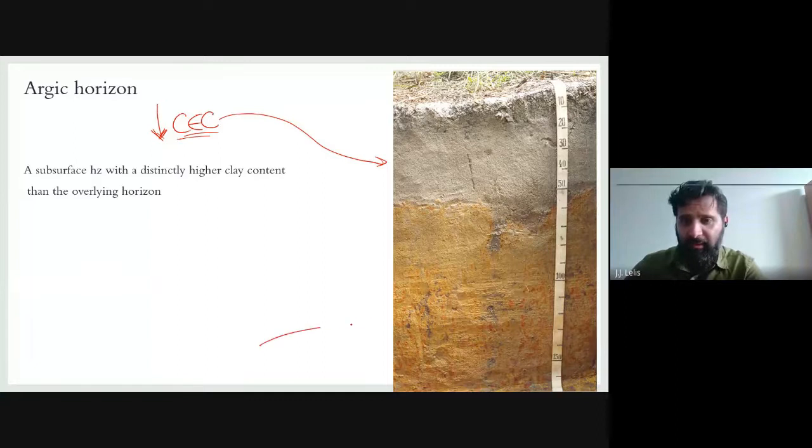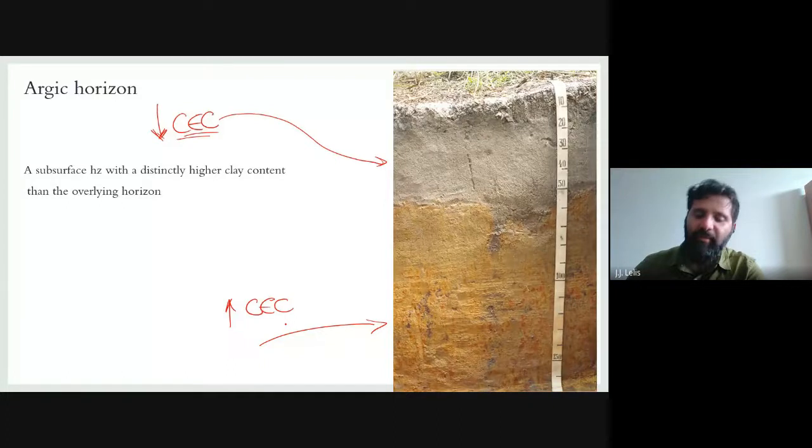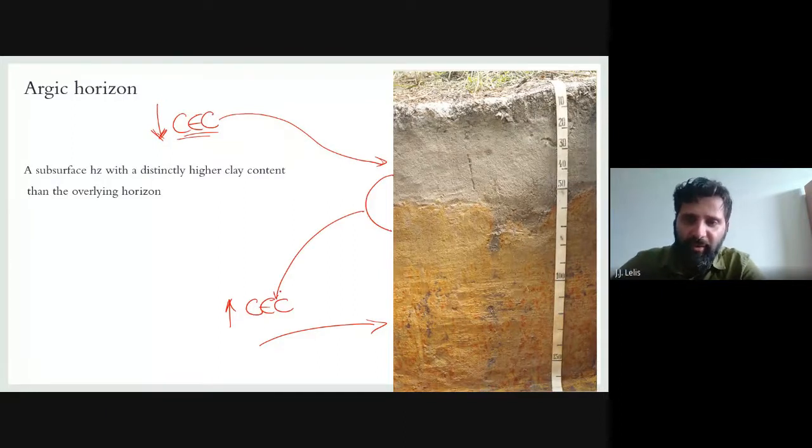But here, with a lot of clay, we could have a high CEC and a high capacity to exchange cations, okay? So we have a difference of chemical and physical soil properties in the same soil profile.